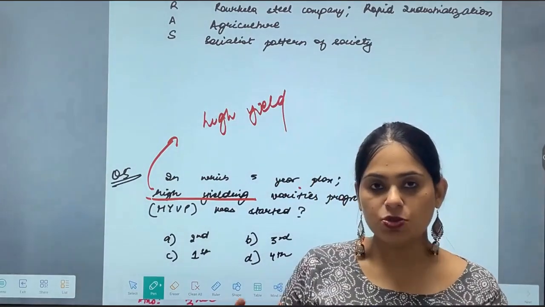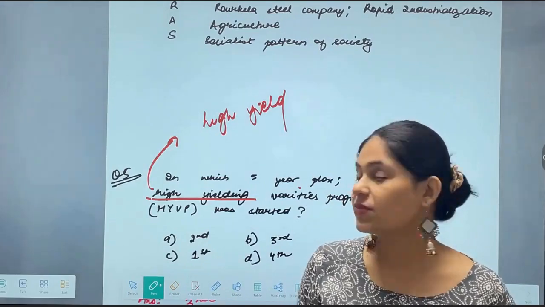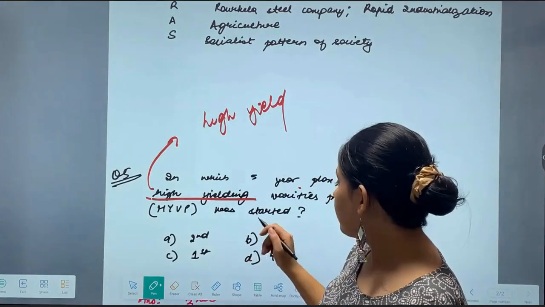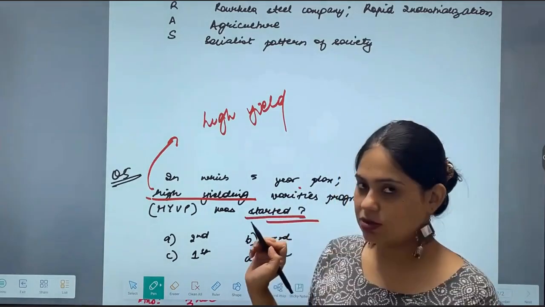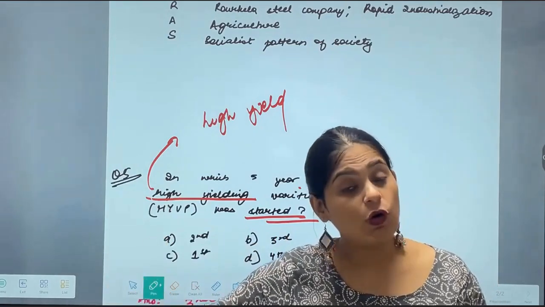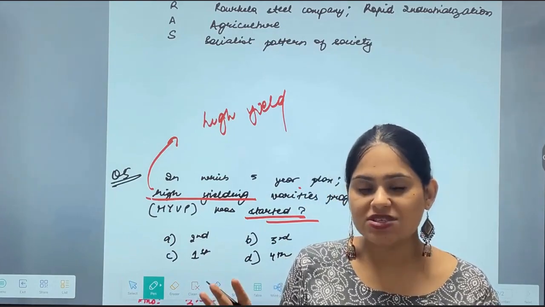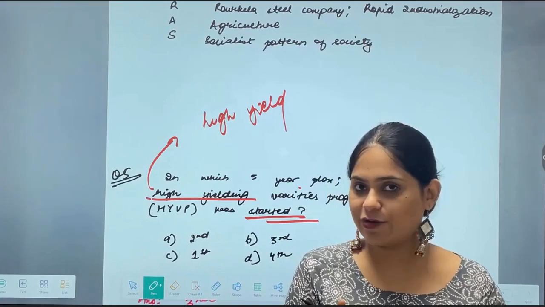I need crops which do well, commercial crops, which also give good money, right? Secondly, I am just starting with it. I haven't yet reached a phase where I already have high yield crops. It's not green revolution. I am just starting with high yielding crops.